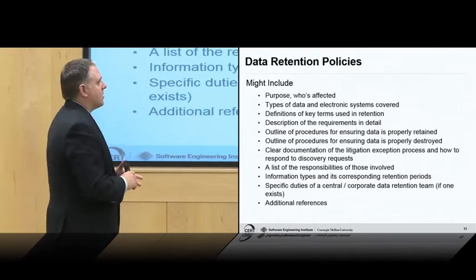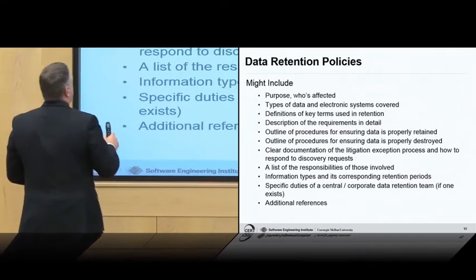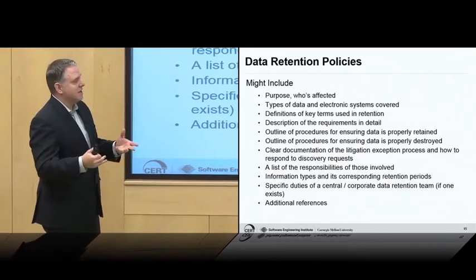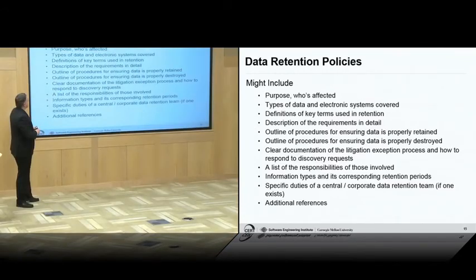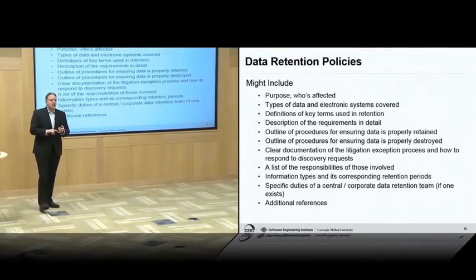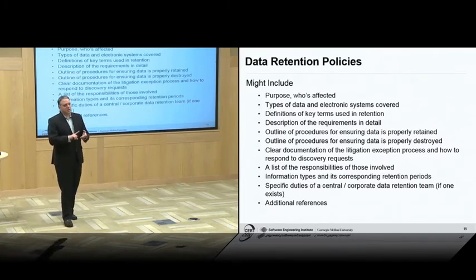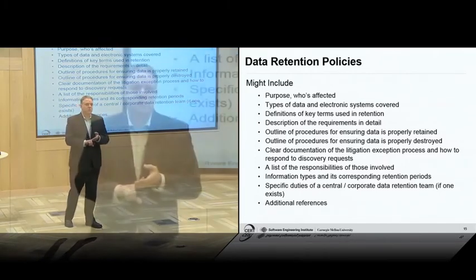So finally, I'll leave you with this slide that says data retention policy content. Some of the things that you might want to consider here are, again, why do you have this policy? What are the categories? Who assigns those categories? Who is the data owner?